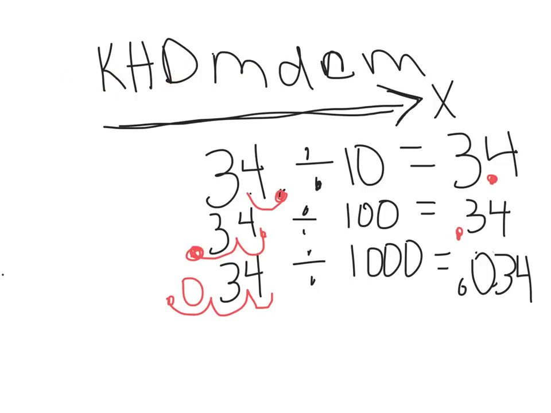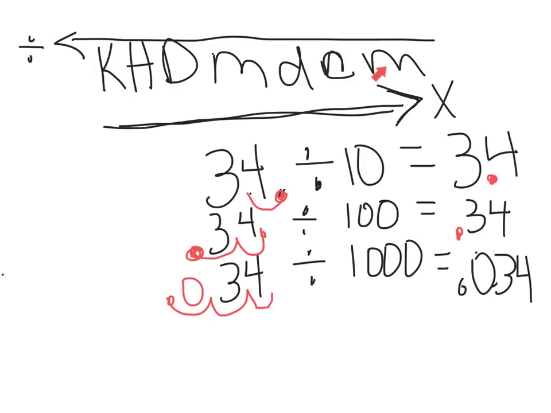I'm going to multiply by 1,000 maybe, or I'm going to multiply by 100, whatever it might be. And if I'm moving this way on my chart, I'm going to divide like we just practiced. Because there's a whole lot of these down here to equal 1 of these up here. So we're going to divide as we go.